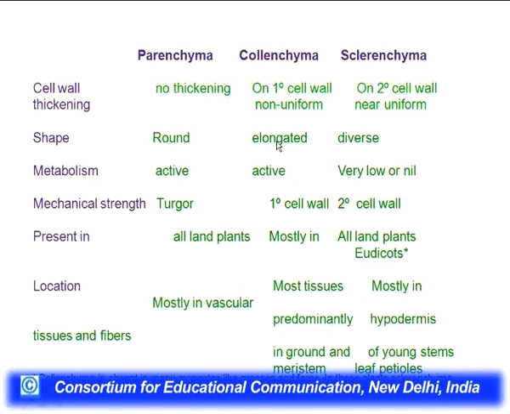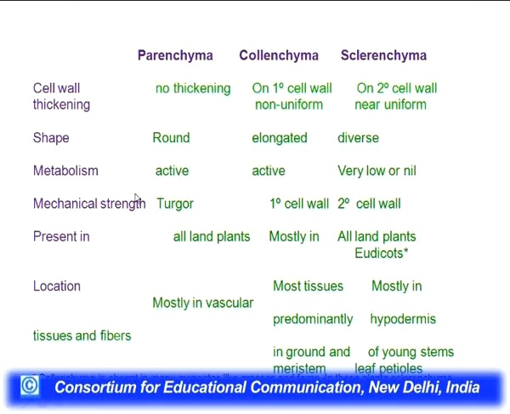Sometimes Sclerenchyma cells are also elongated, so there may be confusion between Collenchyma and Sclerenchyma if you just look at the length, and many people prefer calling them combinedly Prosenchyma, the type of cells which are elongated. However, Collenchyma are usually quite elongated, and Sclerenchyma have a very diverse range: they can be elongated, like in a vascular bundle, but there are many which are not elongated. I will tell you about that today.